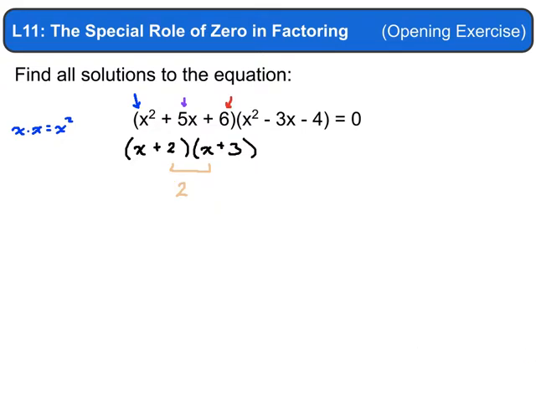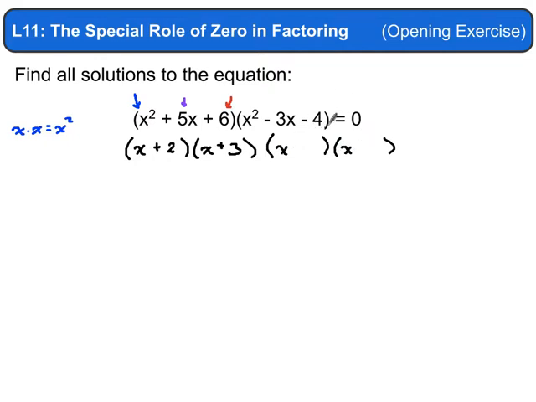So we'll take this off for now. We'll do the same thing with the next one. We're going to open up a set of parentheses and factor. Again, we see our x squared, so we split it up as x and x.